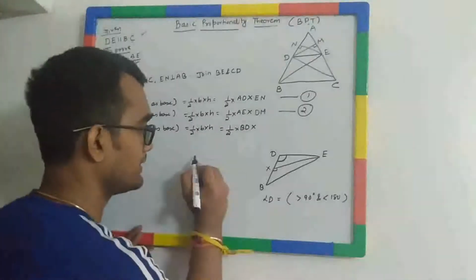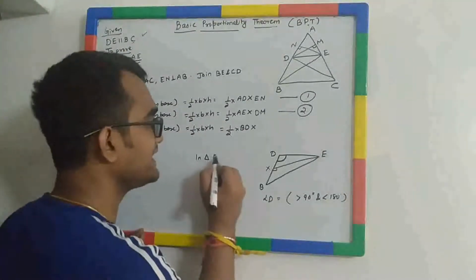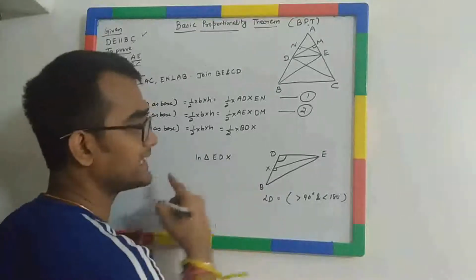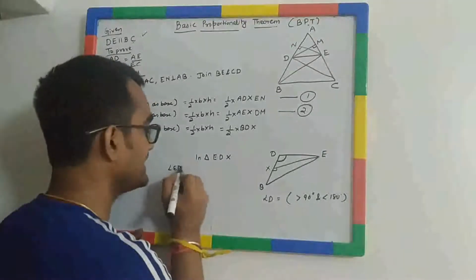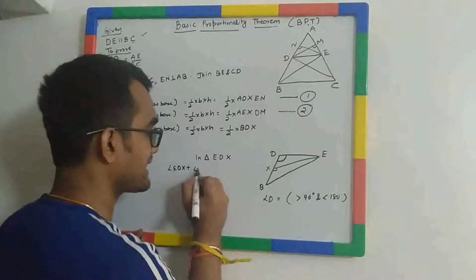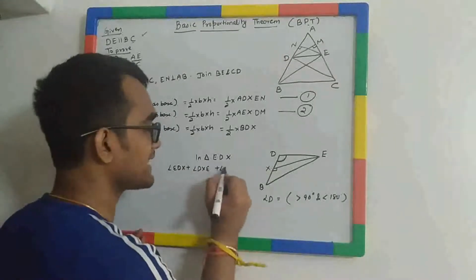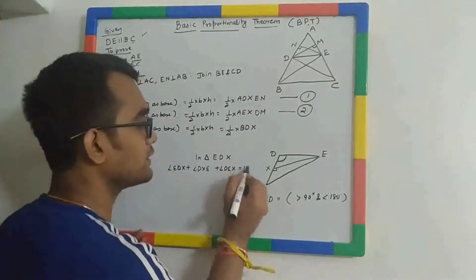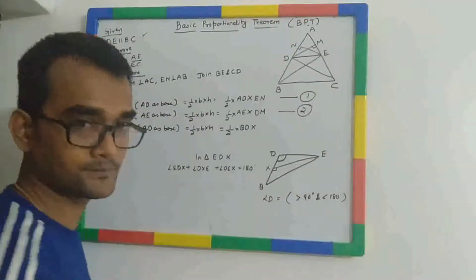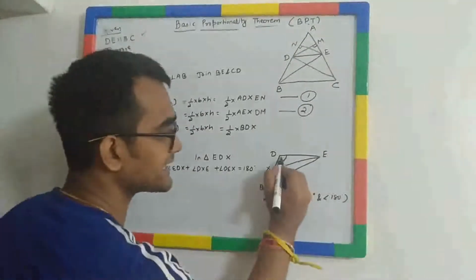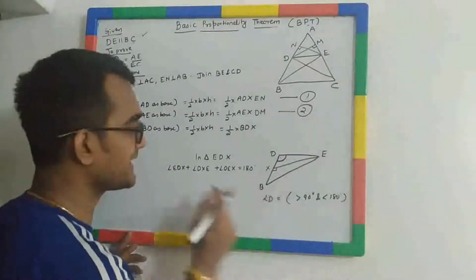So in triangle EDX, by angle sum property, angle EDX plus angle DXE plus angle DEX will be equal to 180. Now, angle EDX is greater than 90.